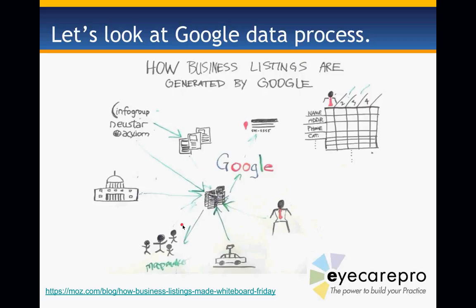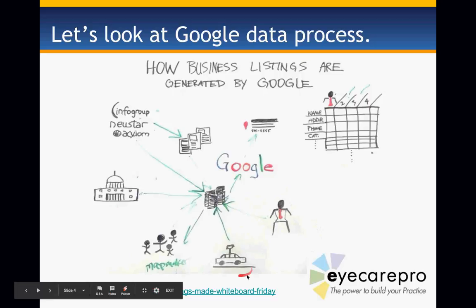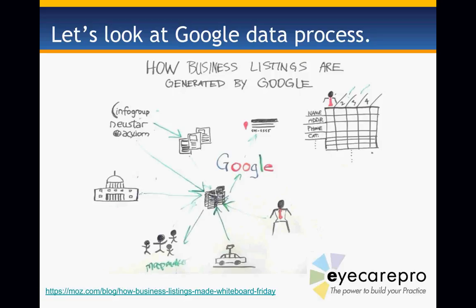It even gets information, as we know, from users who are looking at information, updating it, sometimes really annoyingly, like Lenscrafters pushing their links onto our websites and onto our Google My Business listings. And it even gets information from Google Street View over here. So it actually verifies information from that source, and obviously it spits it out into this listing over here that we see when we're searching for a business.